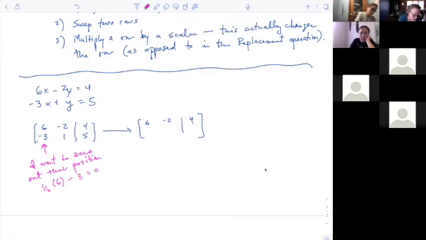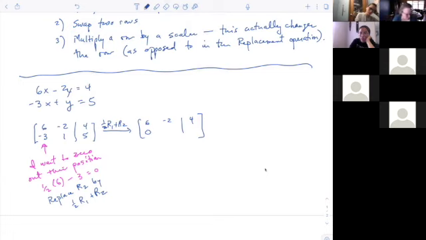I'm doing that same operation: a half times row 1 plus row 2. So replace row 2 by 1/2 row 1 plus row 2. We know that's going to be a 0 there.